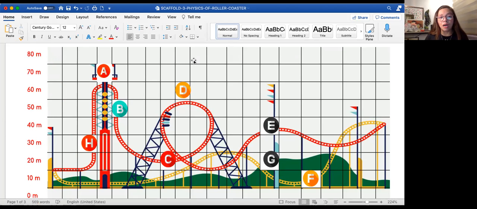Please take note: where can you find point A? What's the height of point A, point E, point G, or F? You have a reference there, so you use this.